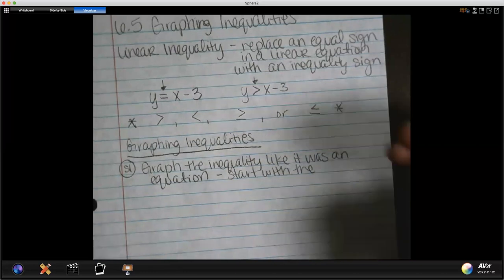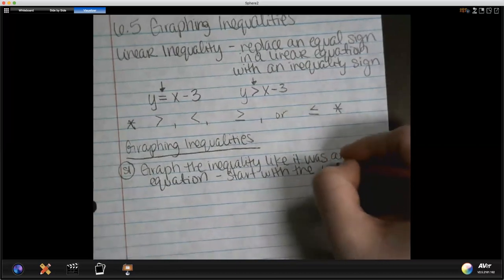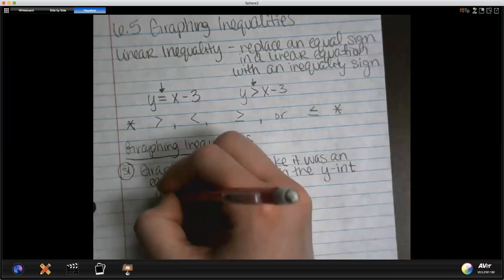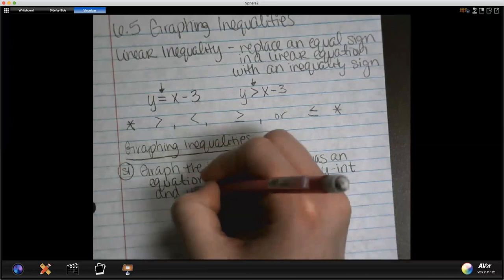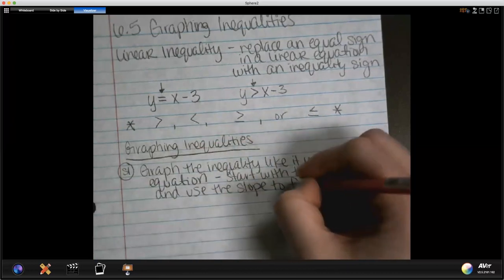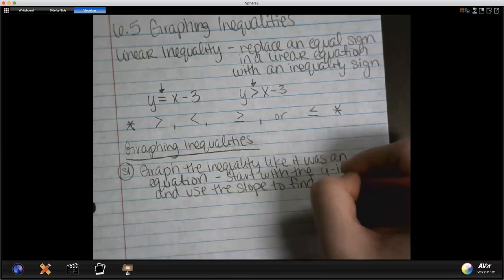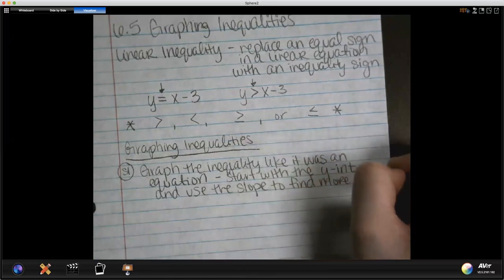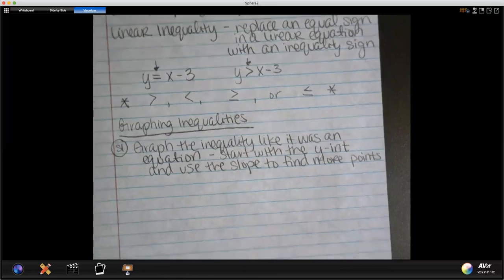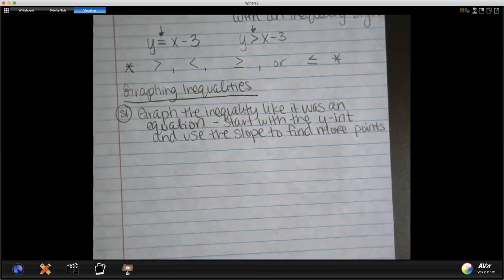We start with the y-intercept and use the slope to find more points. Okay, so those two things are the exact same. We start with the y-intercept and we use our slope to find more points. So that first step is the exact same as when you did it with an equation.